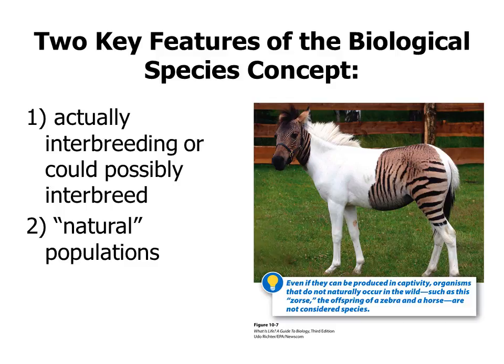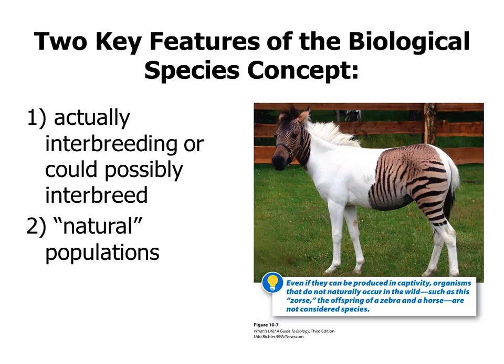Notice that the biological species concept completely ignores physical appearance when defining a species and instead emphasizes reproductive isolation, which is the inability of the individuals from two populations to produce fertile offspring with each other, thereby making it impossible for them to exchange genes.